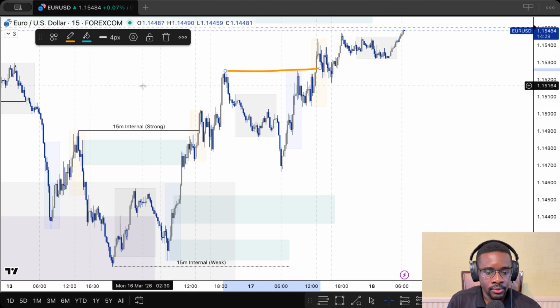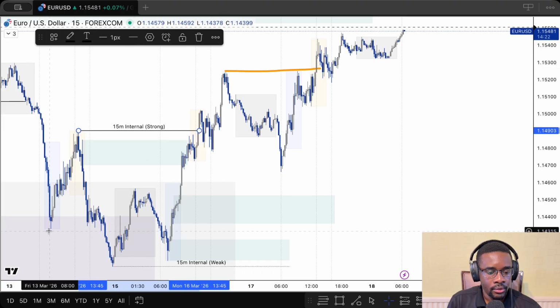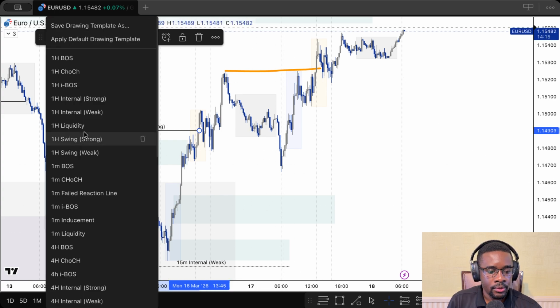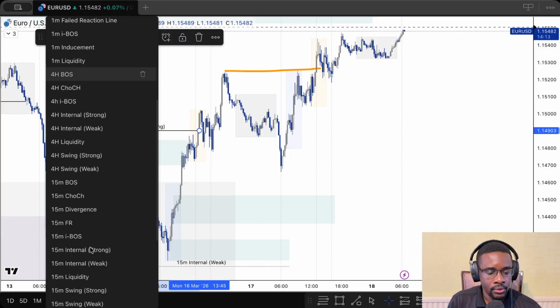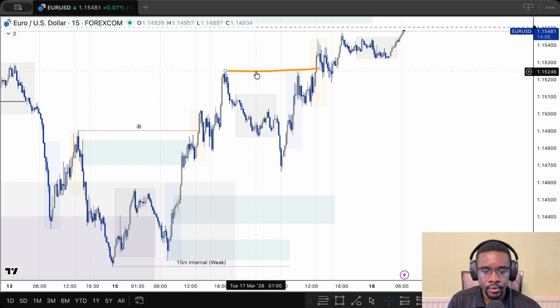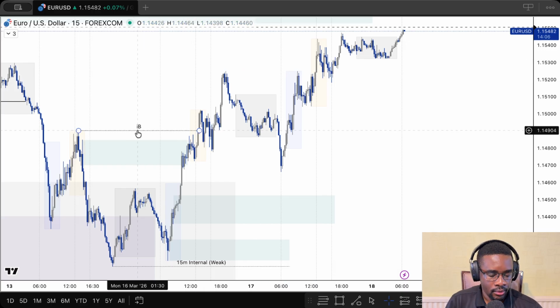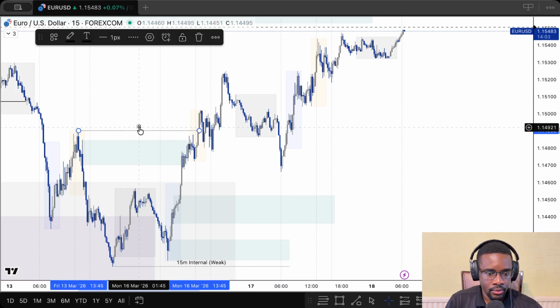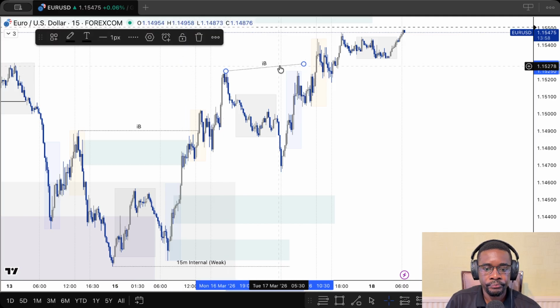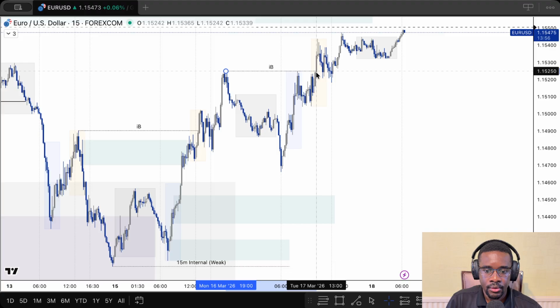We now have an internal range bullish. This was the last break of structure, and then we pushed up, broke structure. We've had a pullback. So that's where we've broken structure.